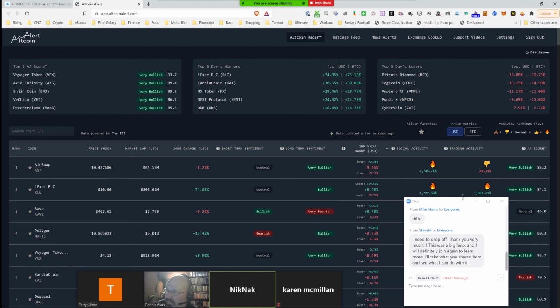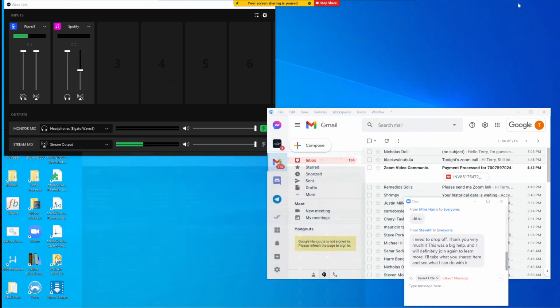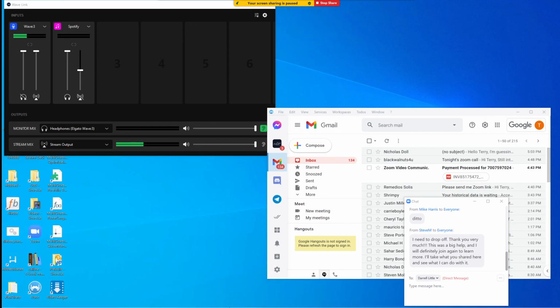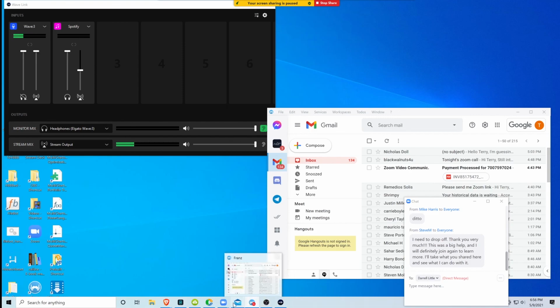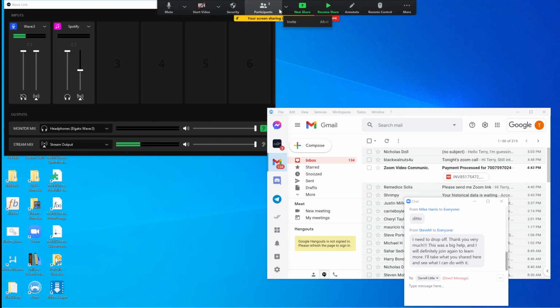You want to be looking at a coin that's trending up. You want it to be volatile, and you want your grids to be either above or directly below price, so you're not taking too much heat. But yeah, that's pretty much all I got.